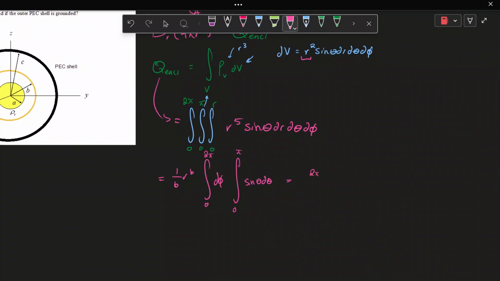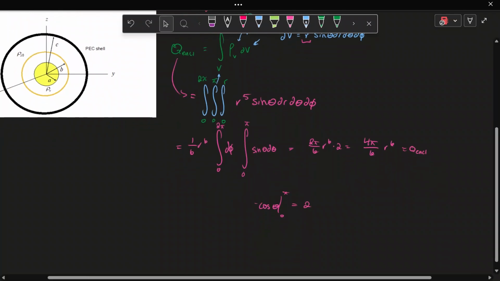So we have 2 pi over 6 r to the 6th. The integral of sine theta is negative cosine theta, evaluated from 0 to pi. That equals 2. So times 2 is equal to 4 pi over 6 r to the 6th. So now that is our Q, our enclosed charge from r to a.